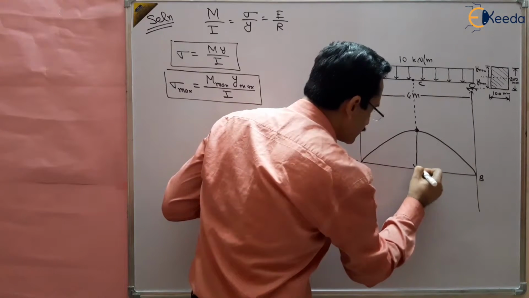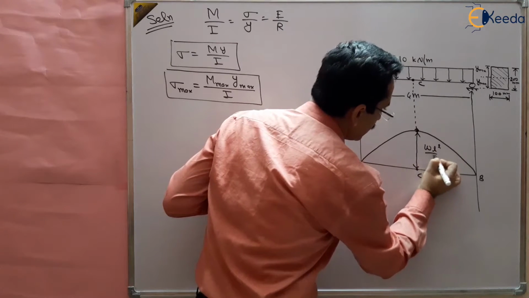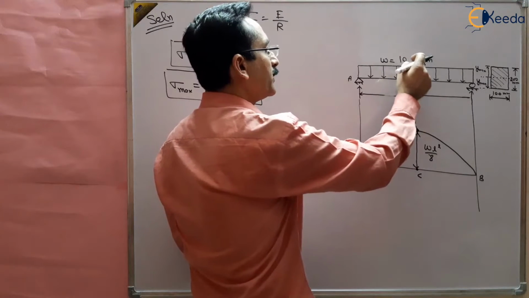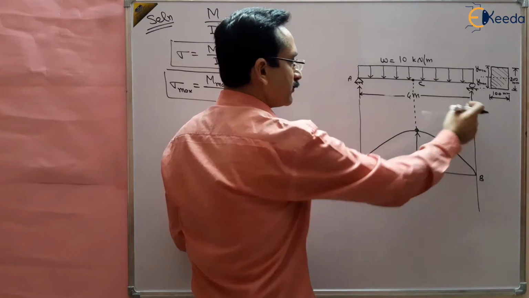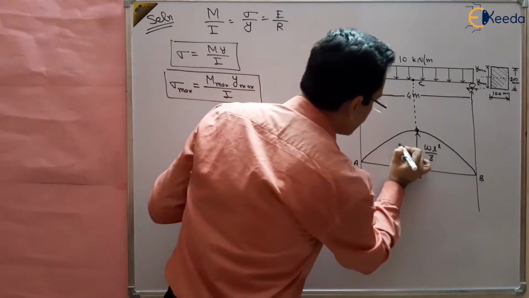WL square by 8. You should remember this also. WL square by 8, where W is the load per unit length, L is the length of the beam, divided by 8. So this is the maximum bending moment, basically M max.